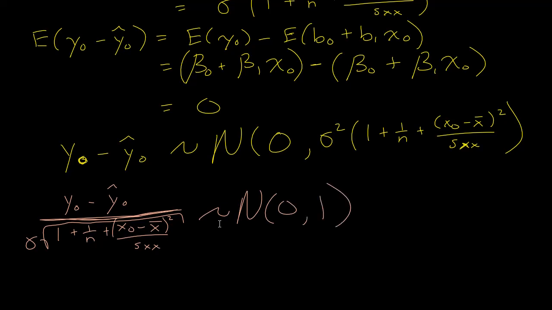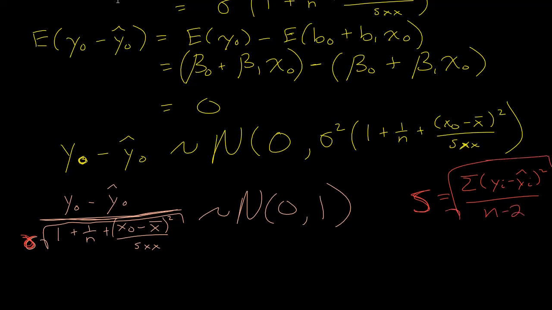Okay. And since I don't know what sigma is, I'm going to need to use the estimator s, which is the square root of the squared residuals divided by n minus 2.